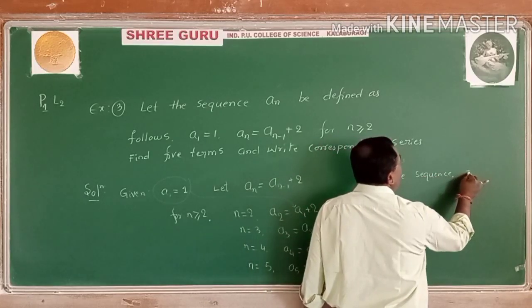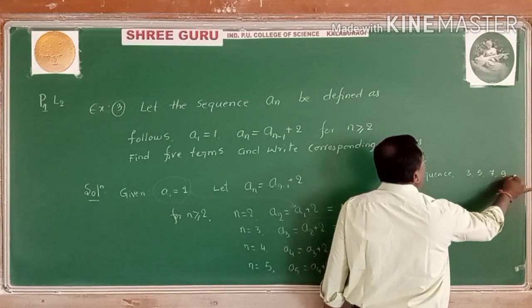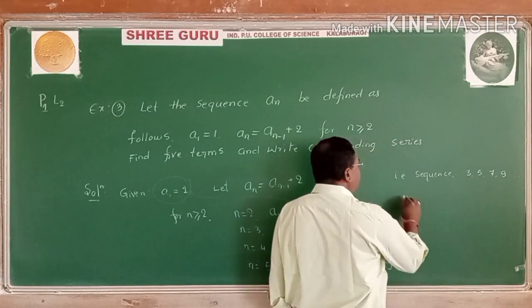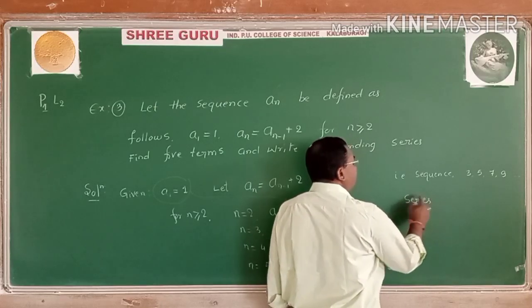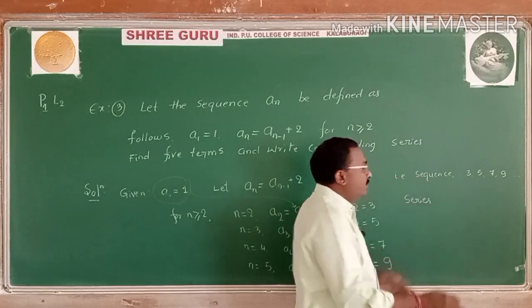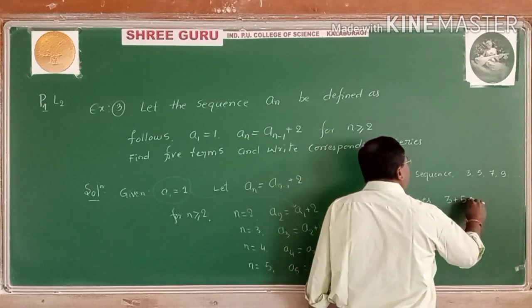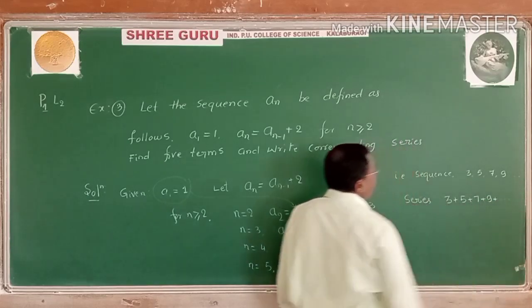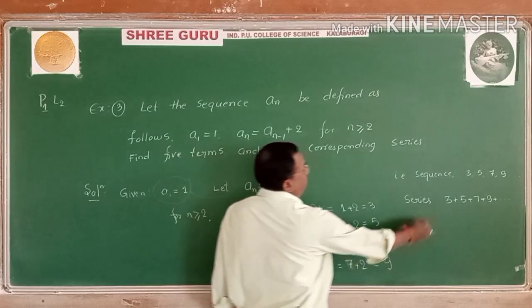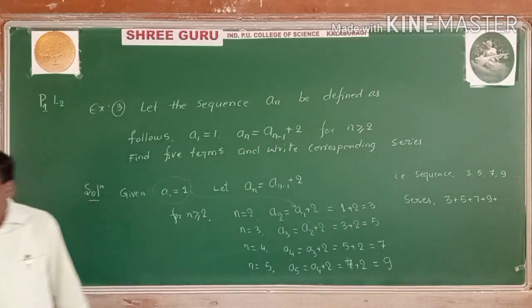That is the sequence up to 5 terms. The corresponding sequence is 3, 5, 7, 9. And the series, which means the sum, is in this form: 3 plus 5 plus 7 plus 9 plus so on. That is the sequence, and that is the series.